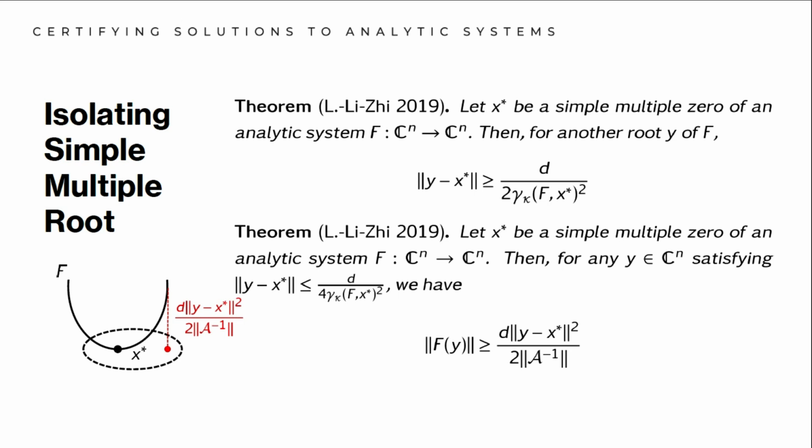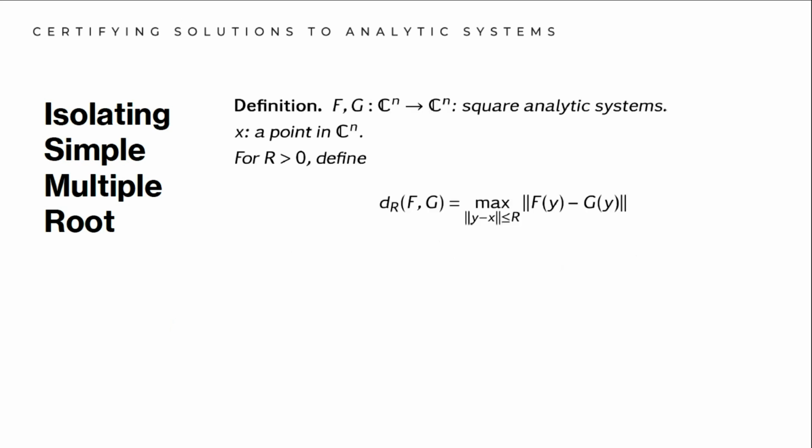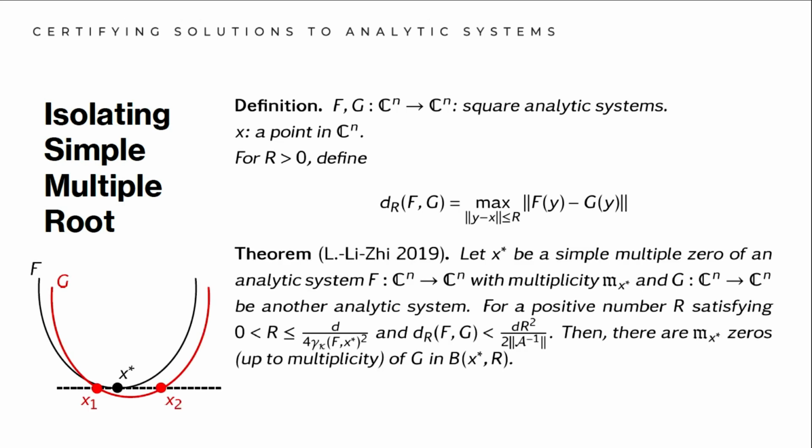Now we need to think about the third property of the separation bound. In order to talk about that, we need the concept of distance between two systems. We can define the distance between two systems around this point locally like this. Using this distance, we get the third property: we have a root with multiplicity m here.